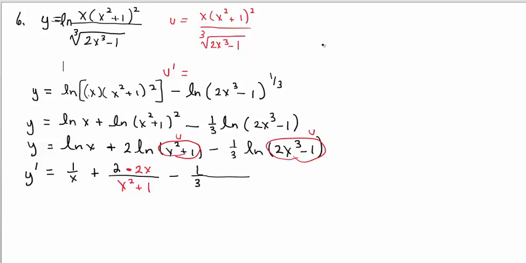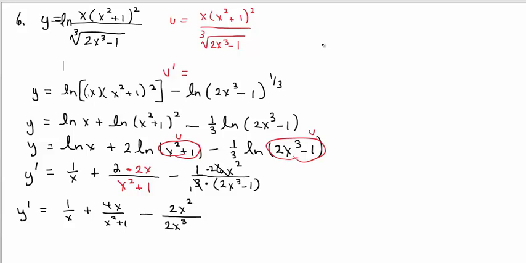U prime is 6x squared stacked on top times quantity 2x cubed minus 1. Right here I notice I can reduce this 3 with this 6. And it looks ugly, but it sure was easy to find.